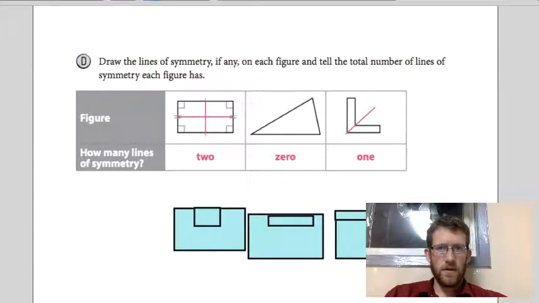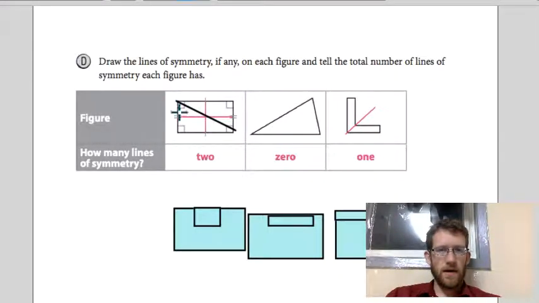Some people might look at this one and say, oh, look at that, there's a line of symmetry right here. The downside of this is that you're not cutting this angle. This is a 90-degree angle, right? So here's a rectangle, and you're not cutting this angle exactly in half.